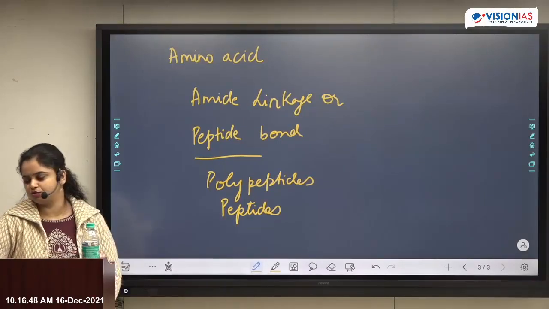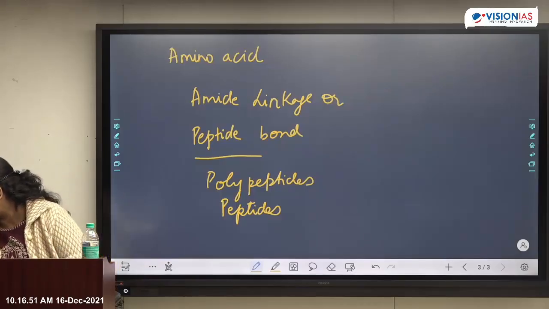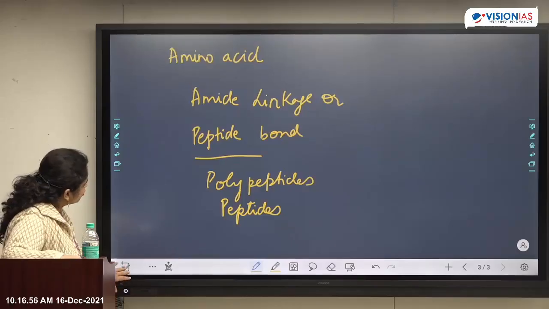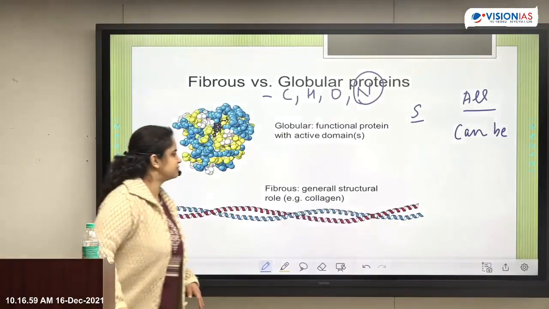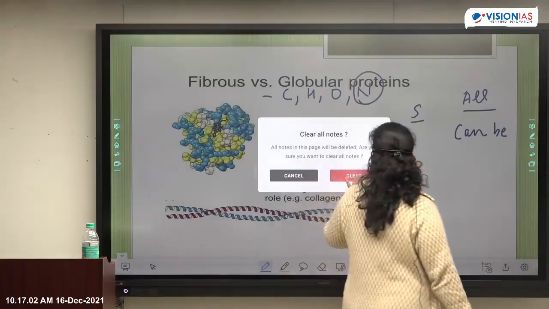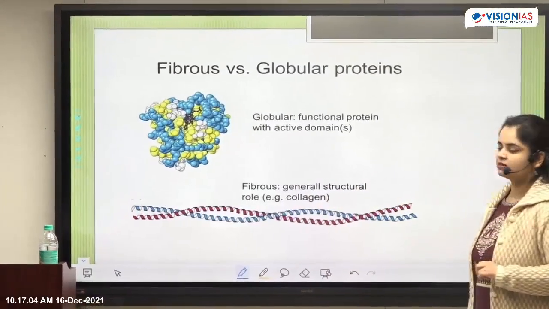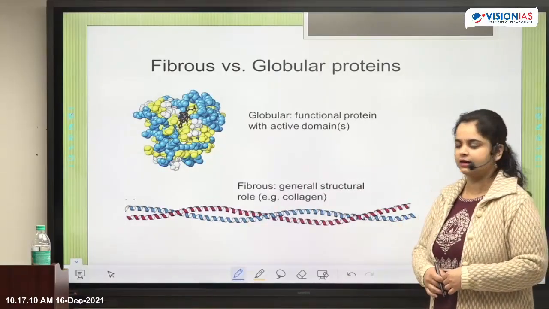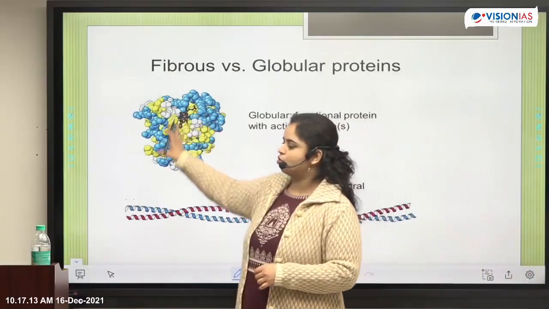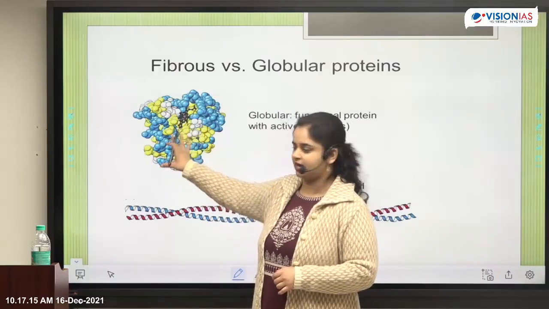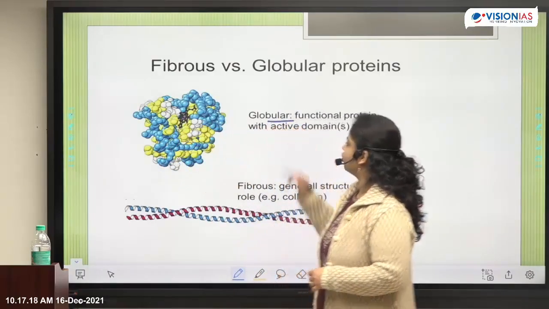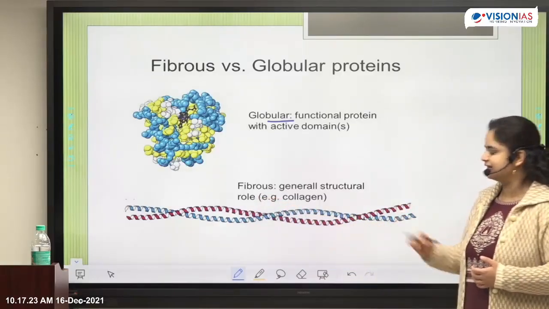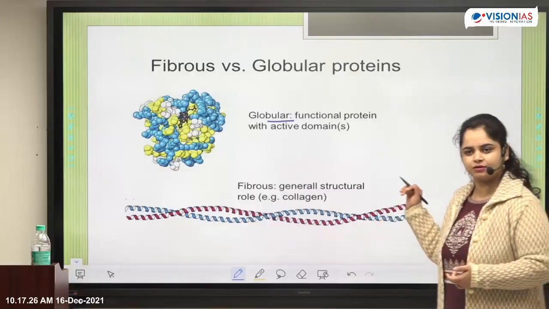Now let's look into the types of proteins. Now in carbohydrates we had types based on number. Here we have the types based on their structure, and you can see two distinct shapes here on the screen. We have a globe-like spherical shape, which is the globular protein, and we have another one which is linear in shape, like long fibers.